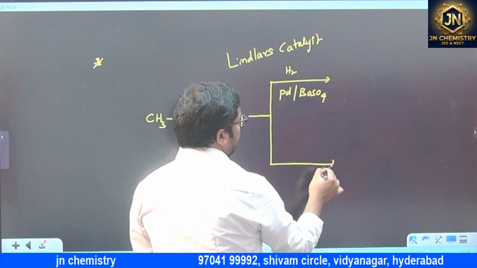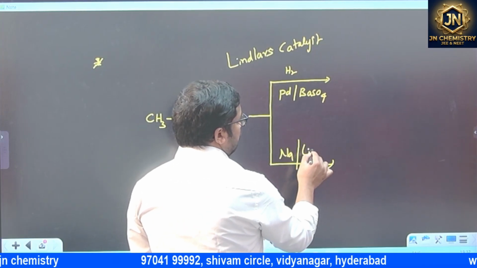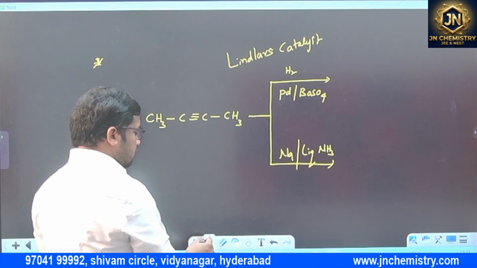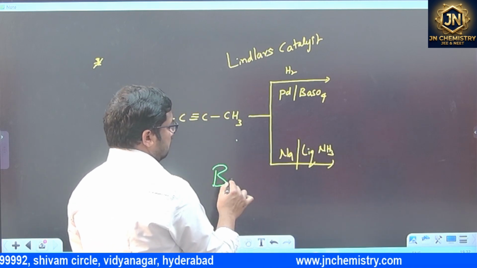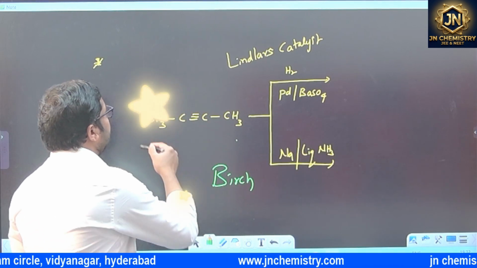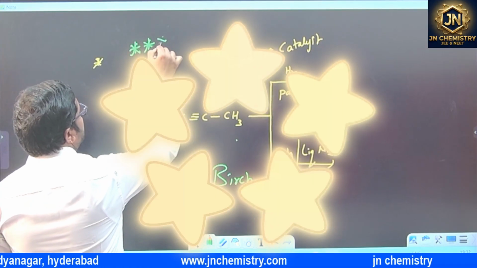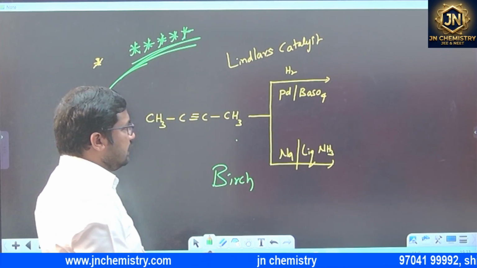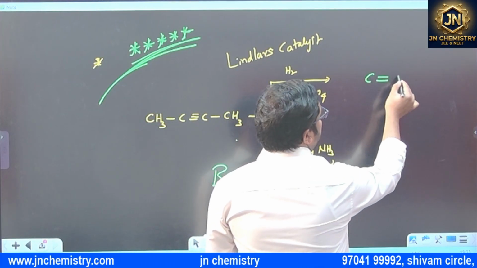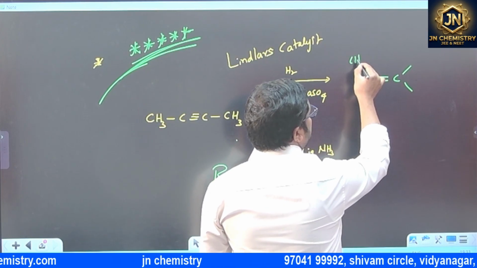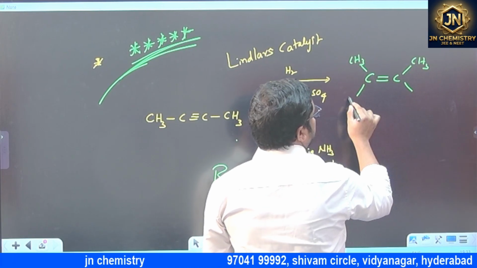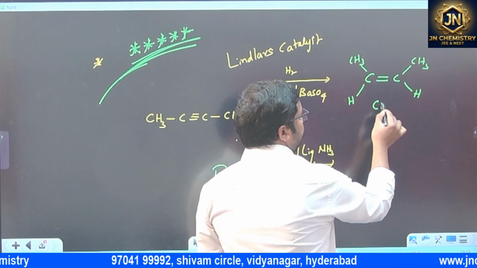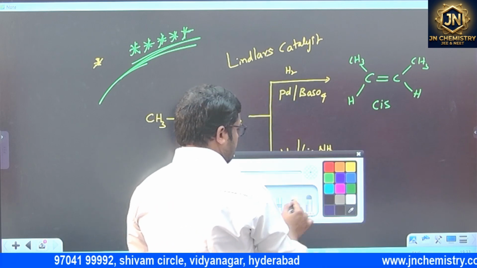If you are using sodium in the presence of liquid ammonia, this reaction we call Birch reduction. Very important, 5-star bit. Compulsory, they'll ask the question once again. With palladium and barium sulfate, we get the alkene, the reaction stops there, and the cis alkene is formed. In this case, you get the trans alkene.